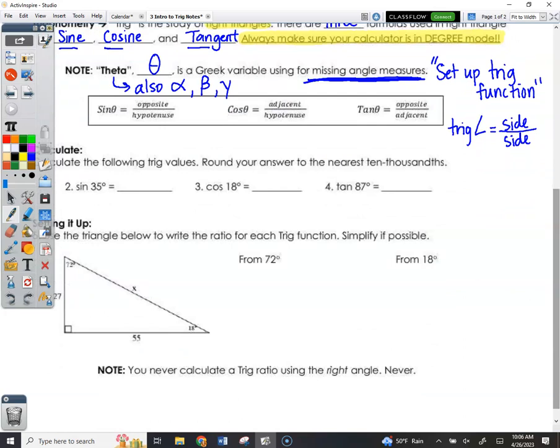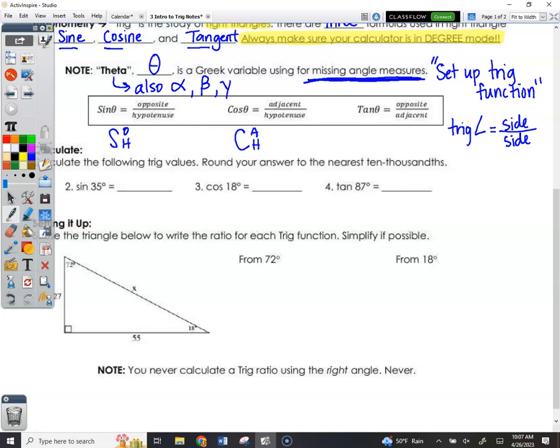Underneath the formulas, I want you to write this little acronym that I always show my students to help you memorize the formulas and be able to work through it faster. Notice that it's sine, and then it's the fraction O over H. Notice cosine is the fraction A over H. SOHCAHTOA.